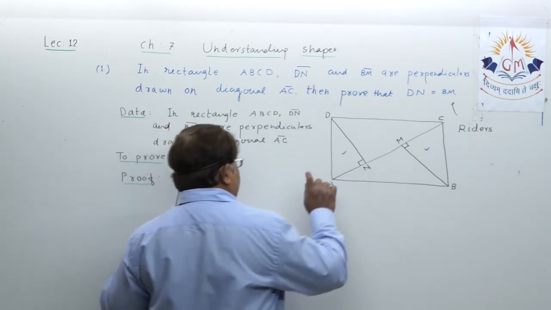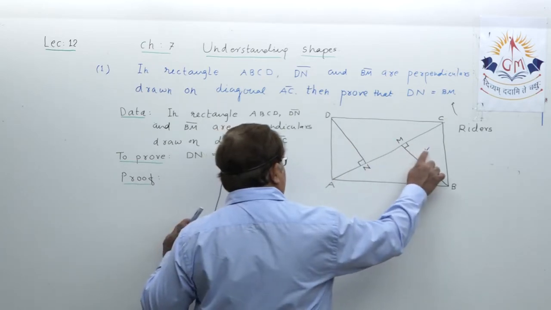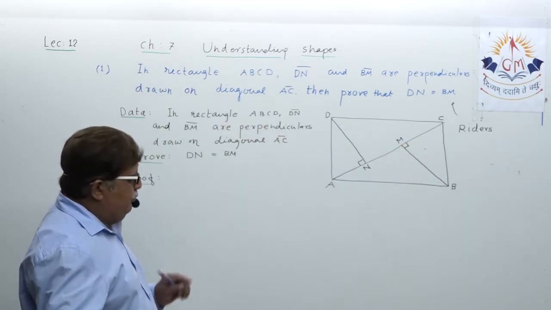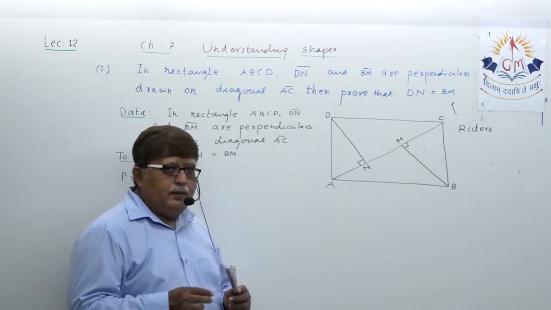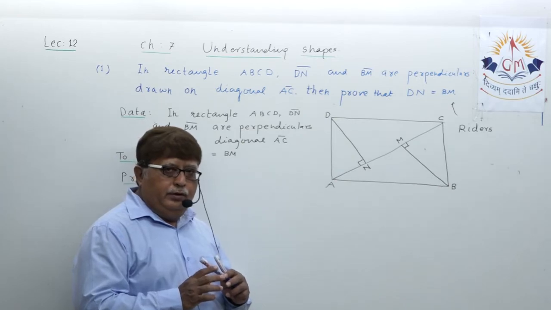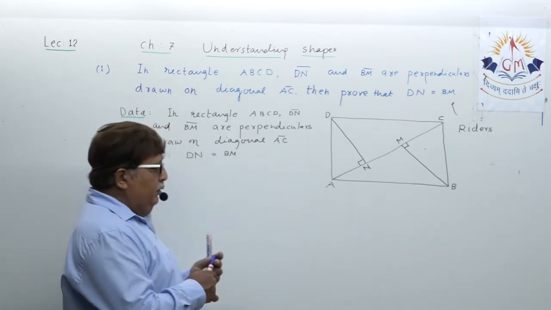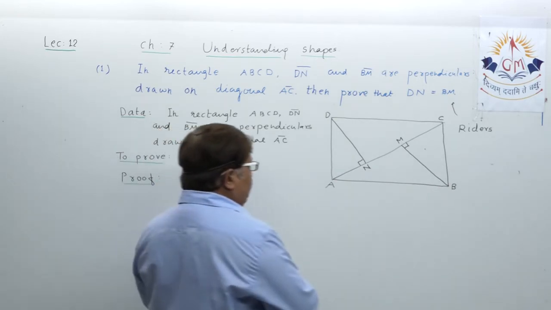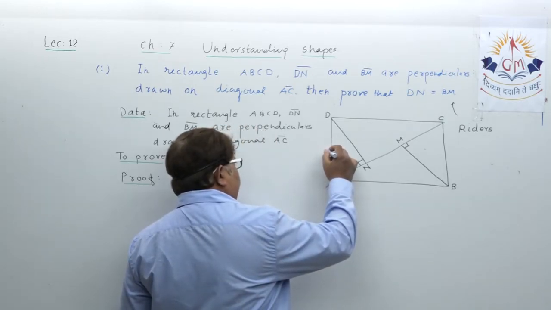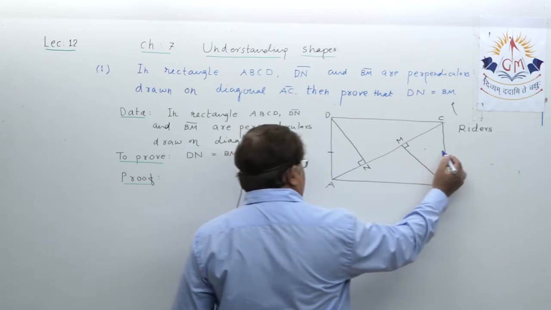Let us try to understand which concept can we apply here. See dear student, now concentrate. Because it is a rectangle, one thing we all know very well is that opposite sides are congruent.